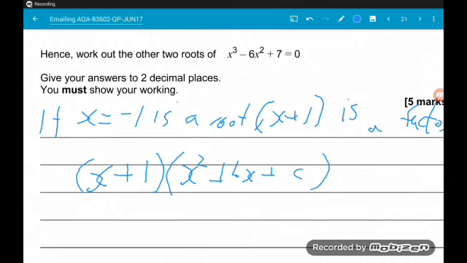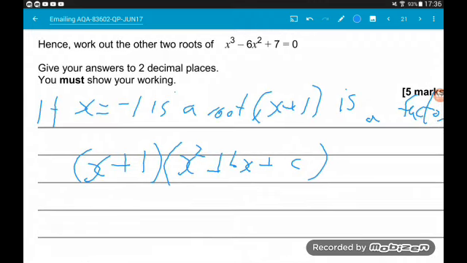Now, if we compare our linear and quadratic factors to the actual function, in the actual function we have a plus 7 at the end. So what's going to produce that is the 1 here times this c at the end. So that tells us that c is equal to 7.